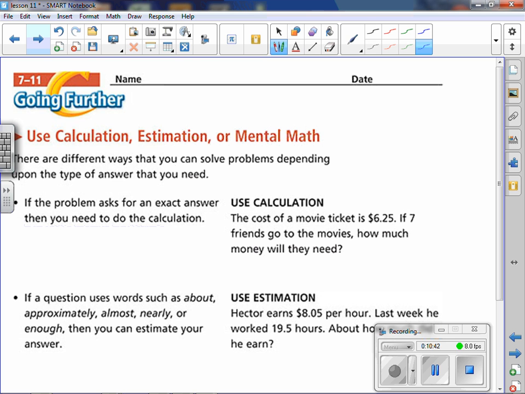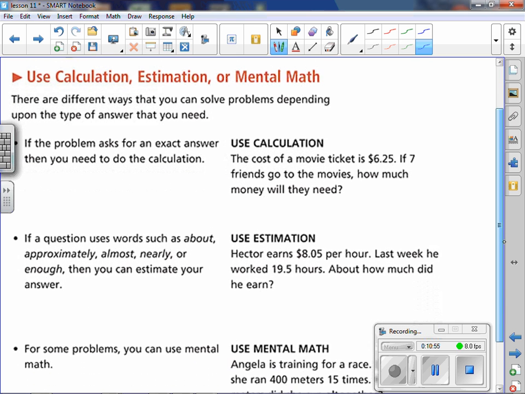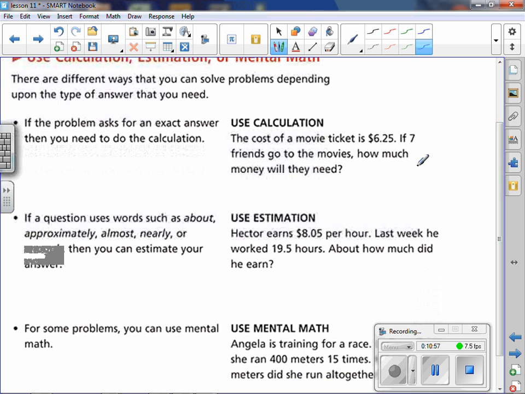Remember that if a problem asks for an exact answer, then you have to use that exact calculation. So you've actually got to multiply it out. If a problem asks for estimation, you can do some rounding. So like on this one, we would do $6.25 and actually multiply that by 7.